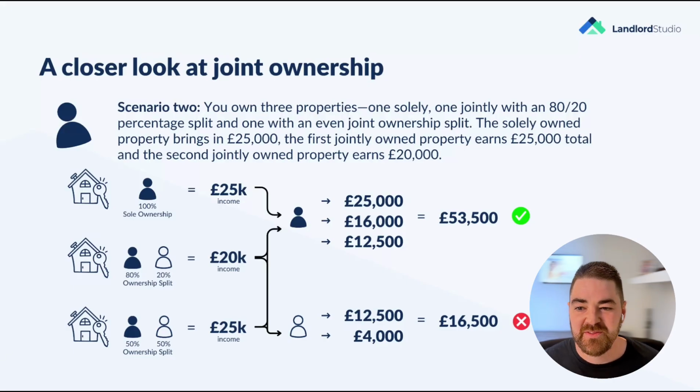The second jointly owned one earns 20,000. This starts to get a little bit complicated. Add this all up, and your total qualifying income now brings you over that threshold for MTD. So this is where it starts to get complicated, and this is where you need to stay on top of this stuff.